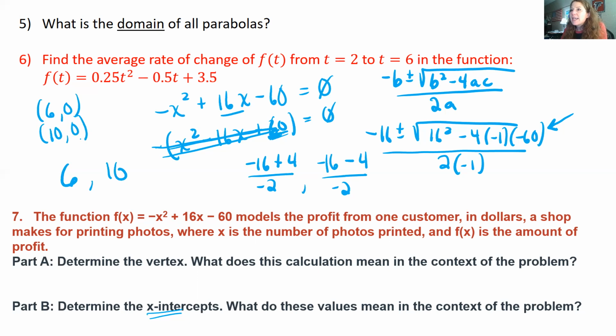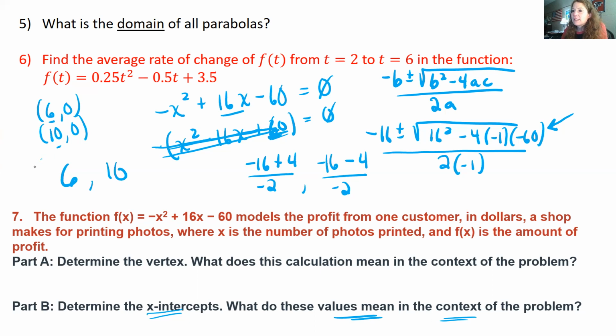And in the context of this problem, what do these values mean? It means when a customer prints either 6 photos or 10 photos, the profit is 0.